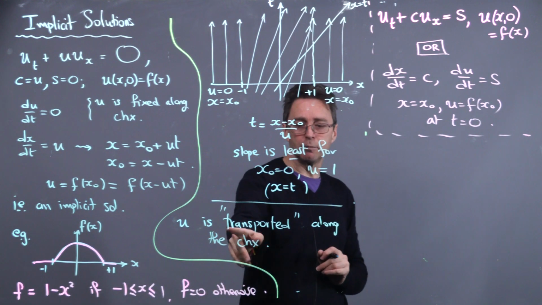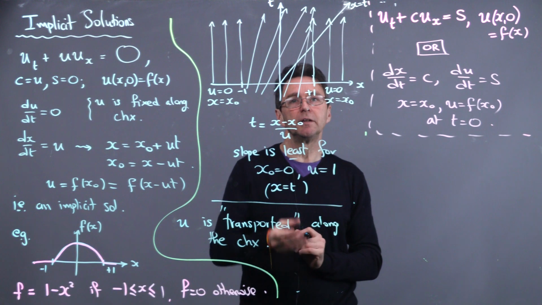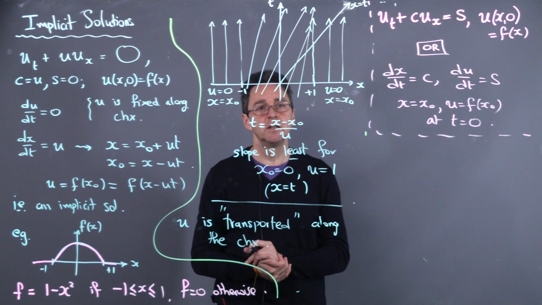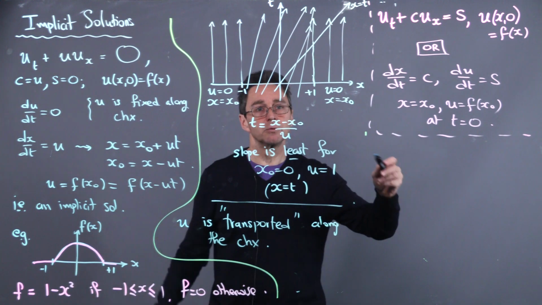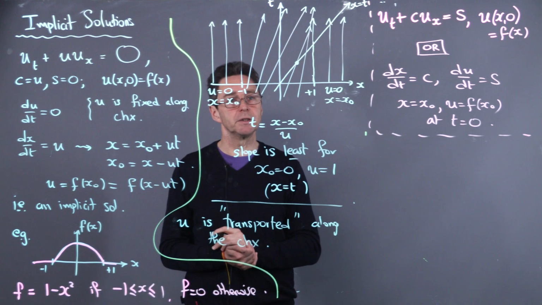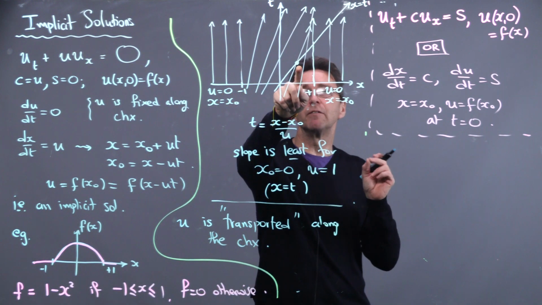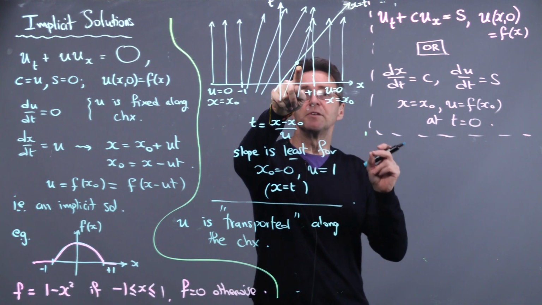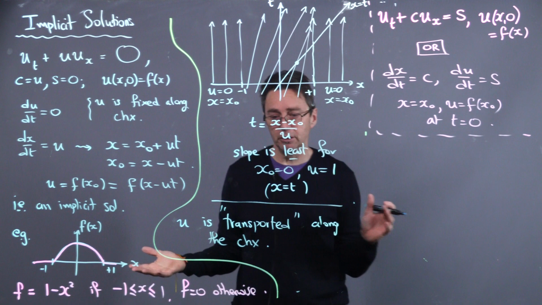So it's really the information that's being transported along the characteristic. And if something like this happens, it's a complete and utter disaster. Why? Because when two characteristics cross, like at that particular point, that means that there is a point with the same value of x and t, the same time, the same space point, for which there are two values of u.